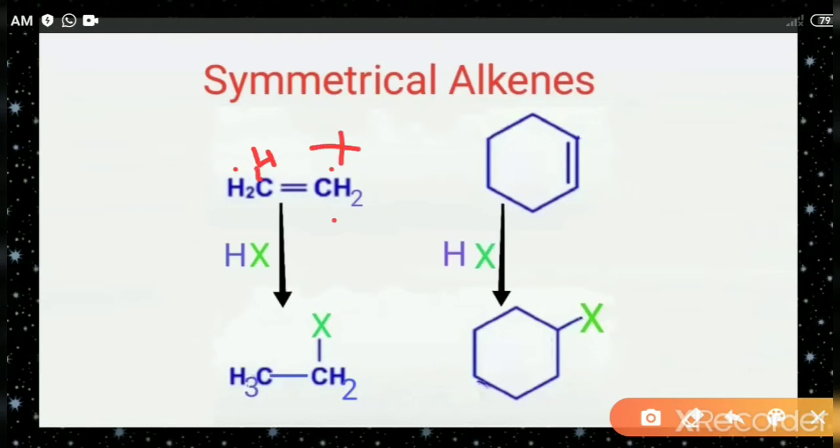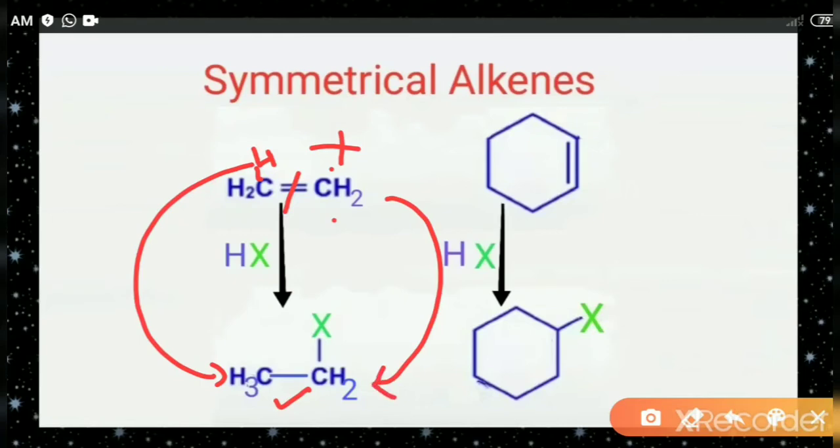The double bond breaks and results in the formation of this compound. That is an example of a symmetrical alkene. Let us take one more example of a symmetrical alkene.